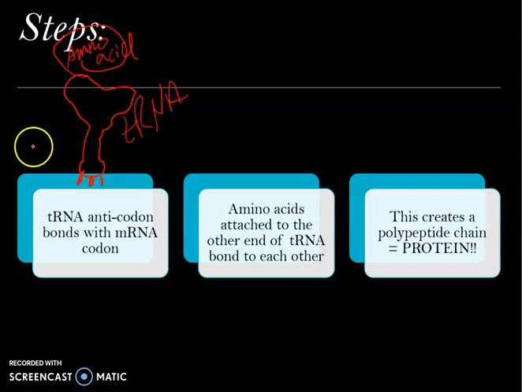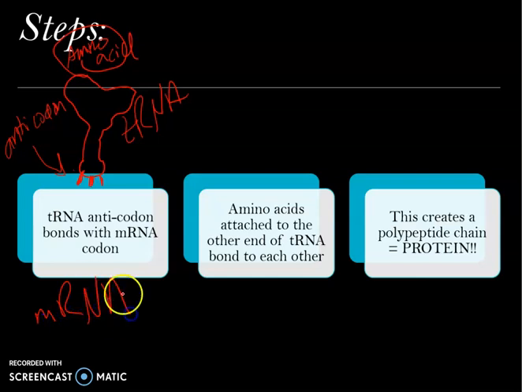My tRNA here has what's called an anticodon. It just means it matches up with a codon, which will match up with a codon on an mRNA strand. So here is my mRNA strand with lots of bases on it. 1, 2, 3. This is my anticodon here.